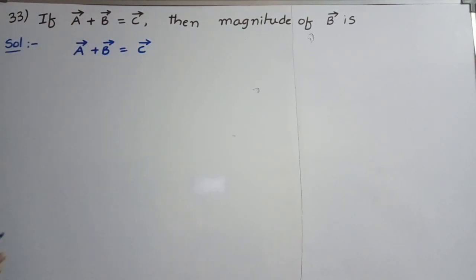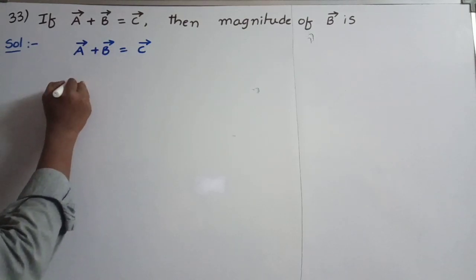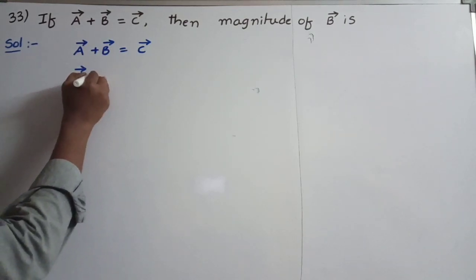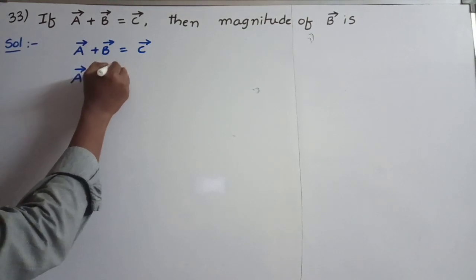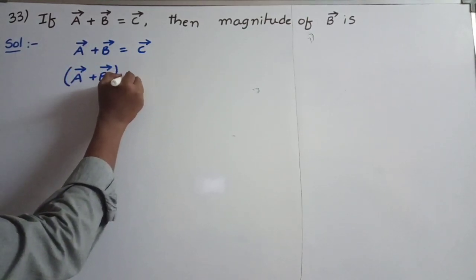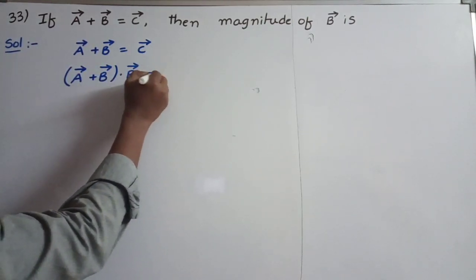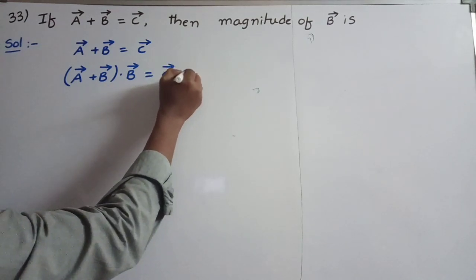On both sides we do the dot product with B bar. A bar plus B bar dot B bar is equal to C bar dot B bar.